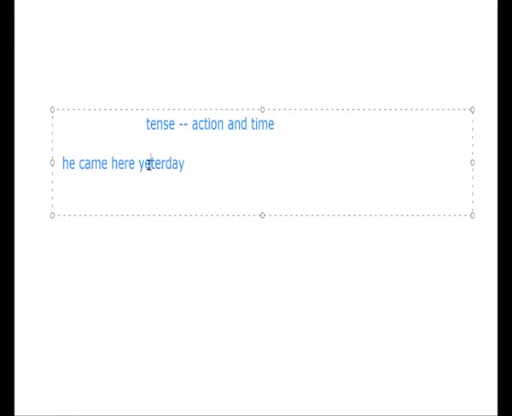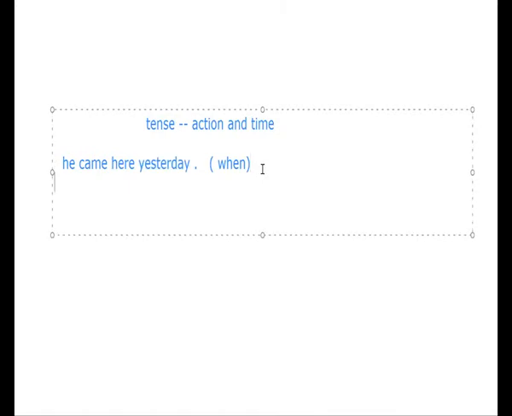Can you tell me which word in this sentence is giving the answer for when? If I want to find out time, I ask a question: when. Obviously, this word is giving the answer for when. He came here when? Yesterday. So I have given time in a single word.